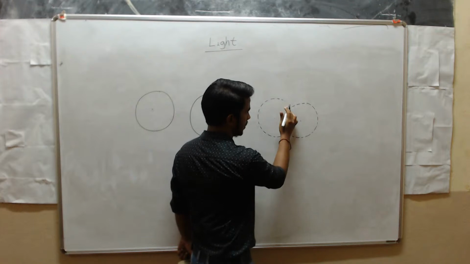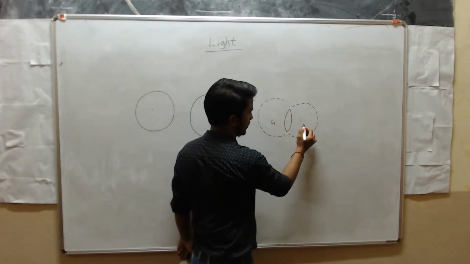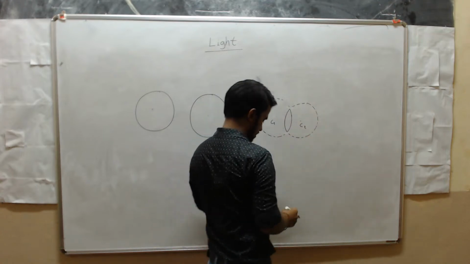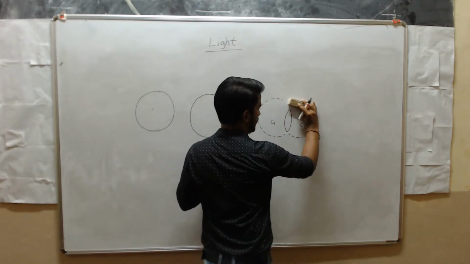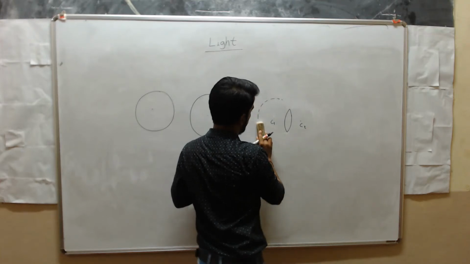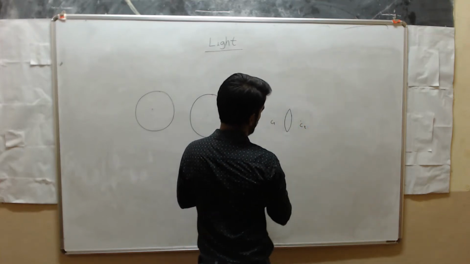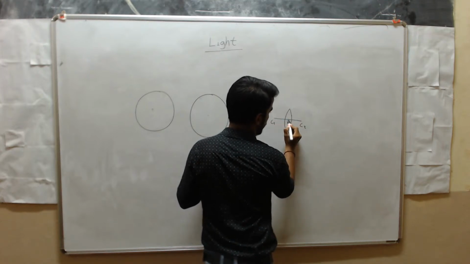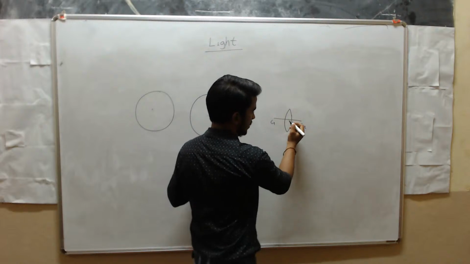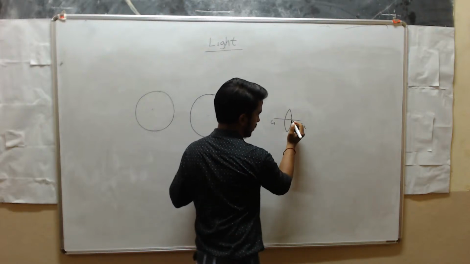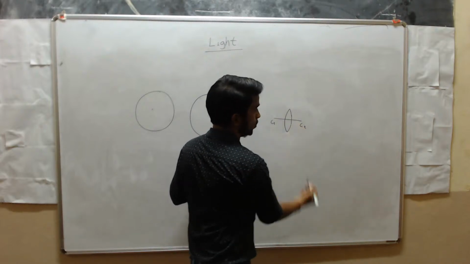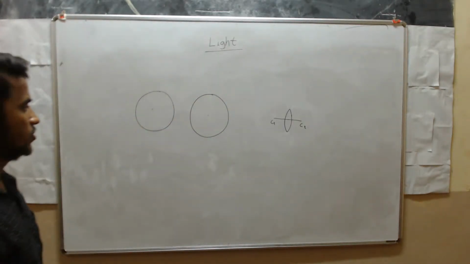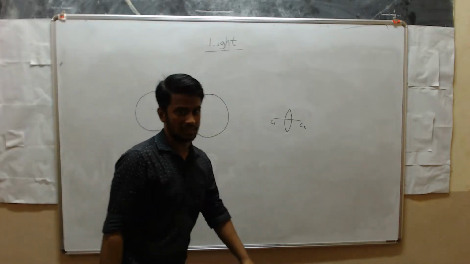This portion is a part of this circle. I call this center C1 and this is center C2. This portion is a part of this side circle. So if you use it completely like this, then it will become a convex lens. What is that? Convex lens. The center point of the convex lens is known as the optic center. So now this is a convex lens.